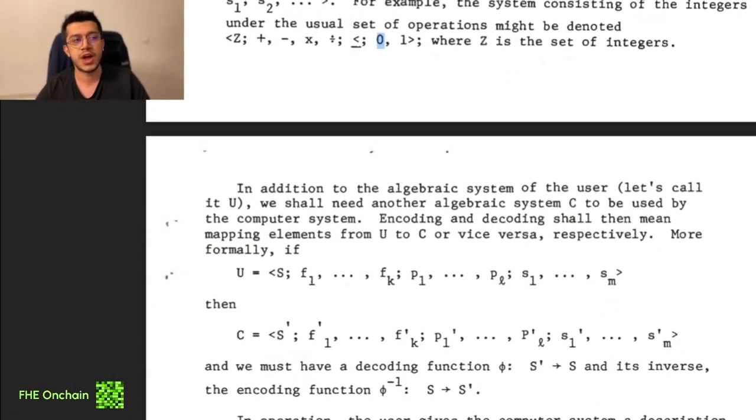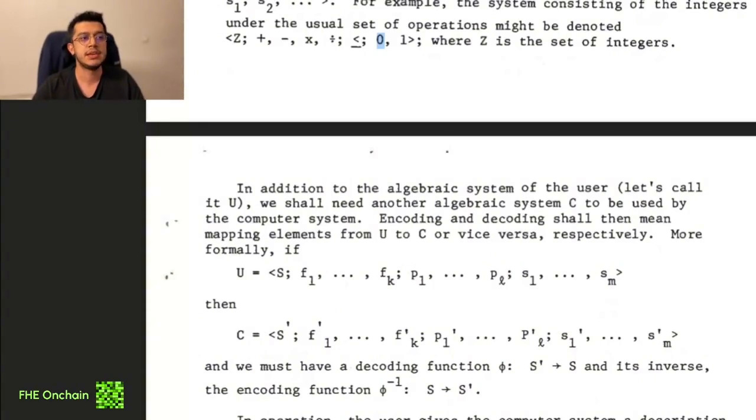The writers also specify that in addition to the algebraic system of the user, let's say U, we also need another algebraic system C to be used by the computer system. You can think of it like a client-server relation. Encoding and decoding shall then mean mapping elements from U to C or vice versa, respectively. It does make sense, right?